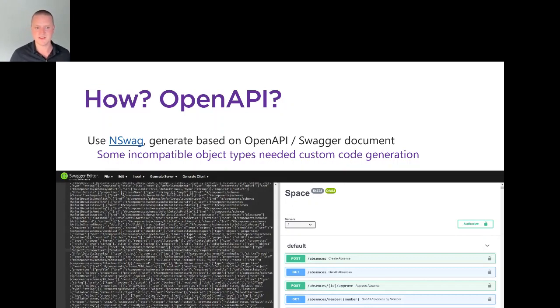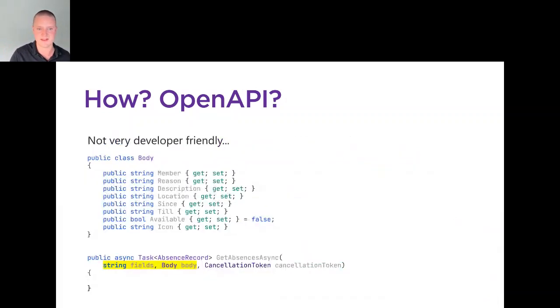We also found there are a couple of object types that would need custom code generation using NSwag because they are slightly more complex than the default OpenAPI specs that are implemented in there. And doing so made us realize, well, if we have to generate code using some custom code generation anyway, maybe we should just skip the OpenAPI step and use whatever model we have internally and generate our code from that, which is what we did in the end.